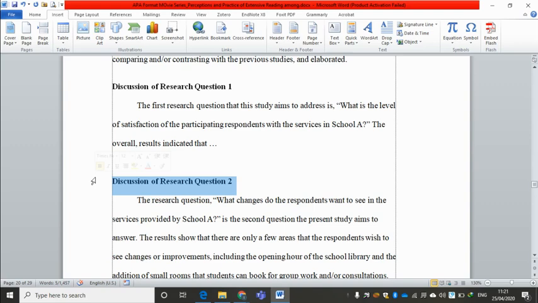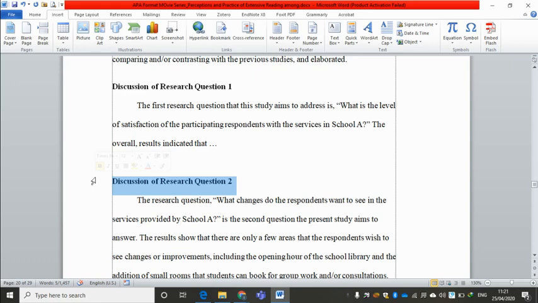Also, you break your discussion into question by question. You can devote perhaps 20 minutes per day or 30 minutes per day to completing the discussion of the first research question, the second research question, the third research question.